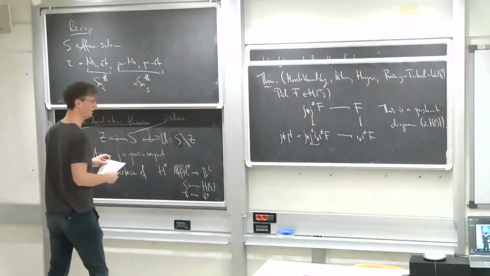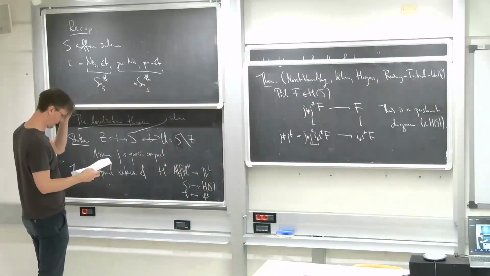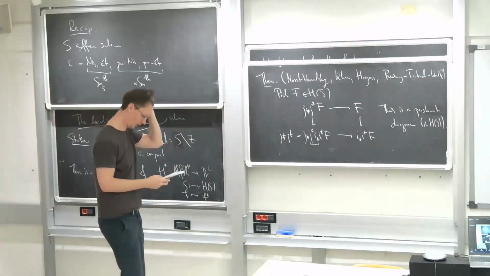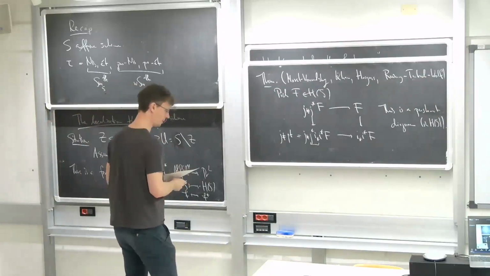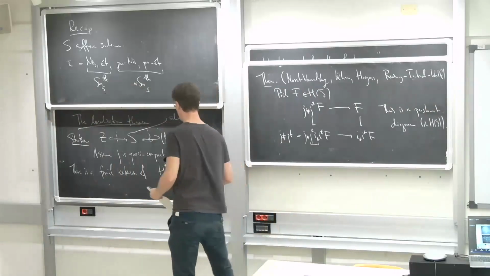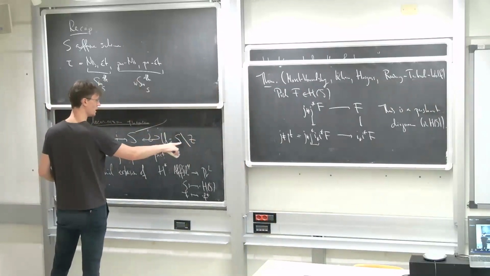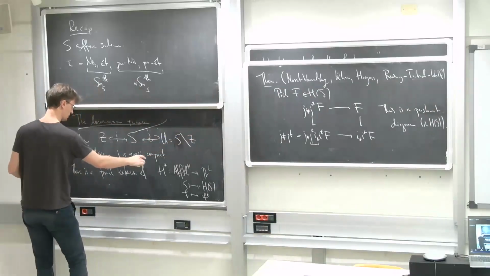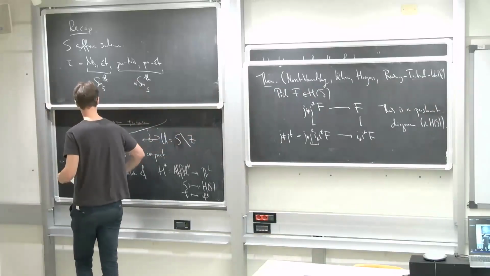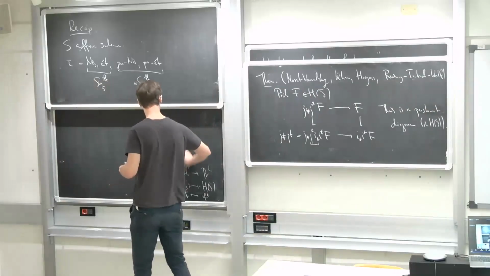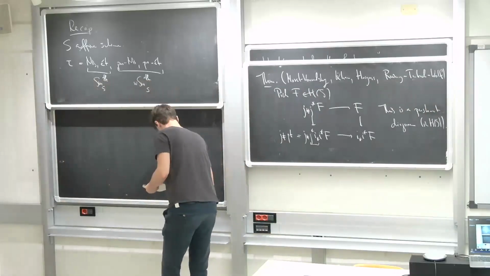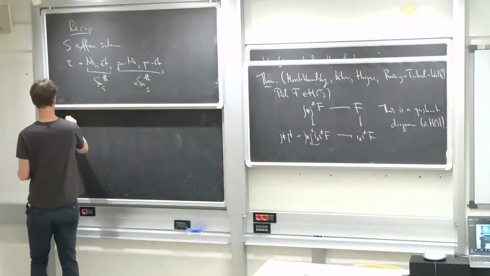Okay, so this is the statement, and before we prove this, I want to say a few words about what this does. It will always be under this assumption here, so I will not repeat this assumption, especially this quasi-compactness, all the time. But let's test a little bit what this tells us.